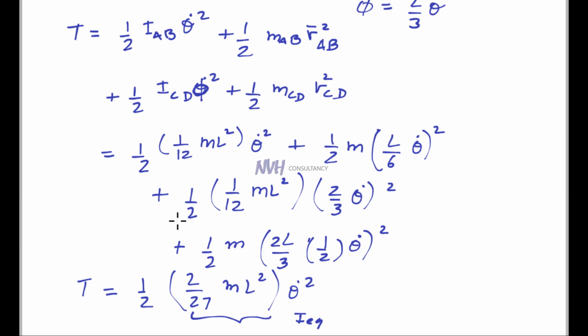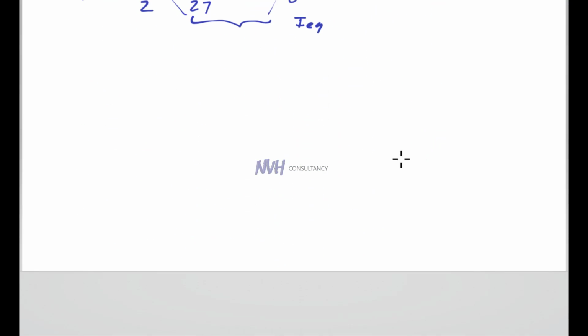Now moving on to the potential energy of the system. Very simply put, potential energy is equal to half k x square. So the spring will store the potential energy. So the potential energy V will be equal to half k x square.